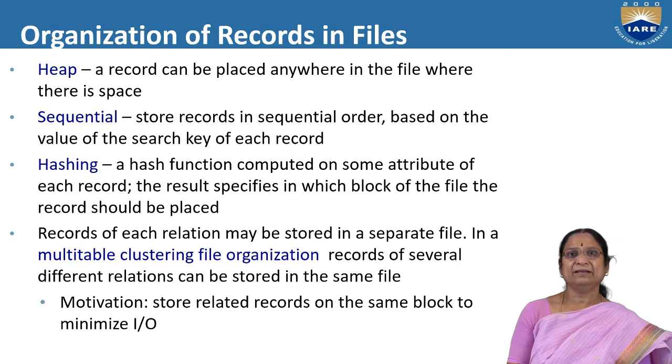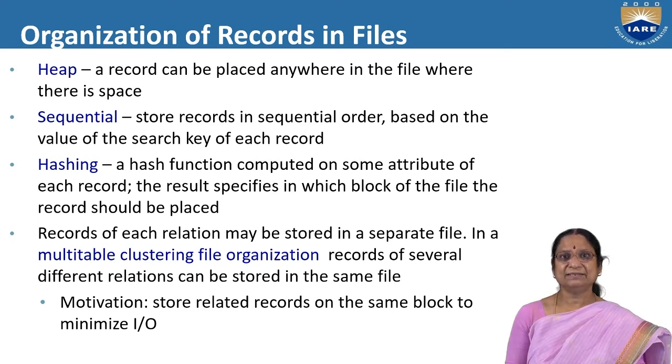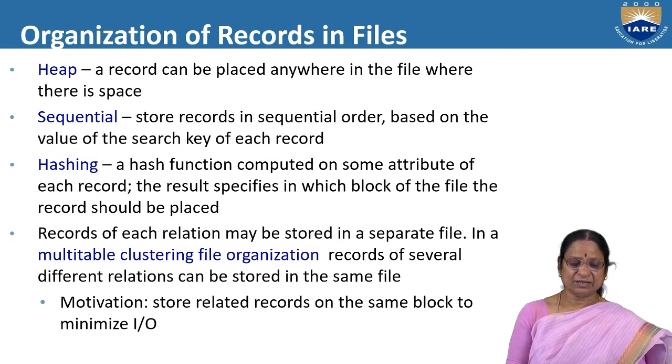Multi-table clustering file organization: records of each relation may be stored in a separate file, but this kind of multi-table clustering file organization stores records of several different relations in the same file. Generally it happens when related records are placed on the same block to minimize the IO actually.